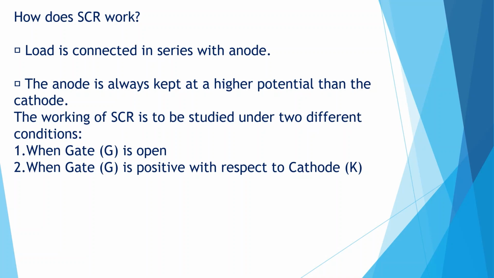So when we study the basic operation or working of the SCR, we go for two different conditions. The first one is when the gate terminal is open. As I said, the potential at the gate terminal will fire or trigger the SCR. So we will study the operation of the SCR in two cases: when the gate is open and when the gate is positive with respect to the cathode. Let us try to understand how the SCR circuit will work.